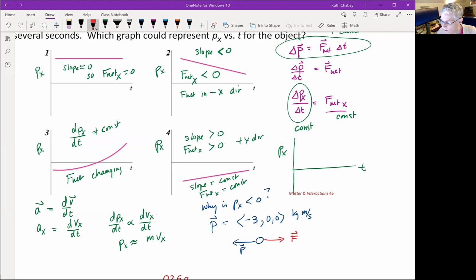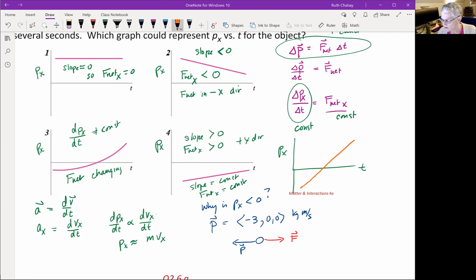What would it mean if the graph of px versus time did this? So it started out like this and it went up like that. What would that tell us about the motion of the object? Yeah, that's right, Matthew. It means that it changed direction. So here we start out with momentum in the minus x direction.